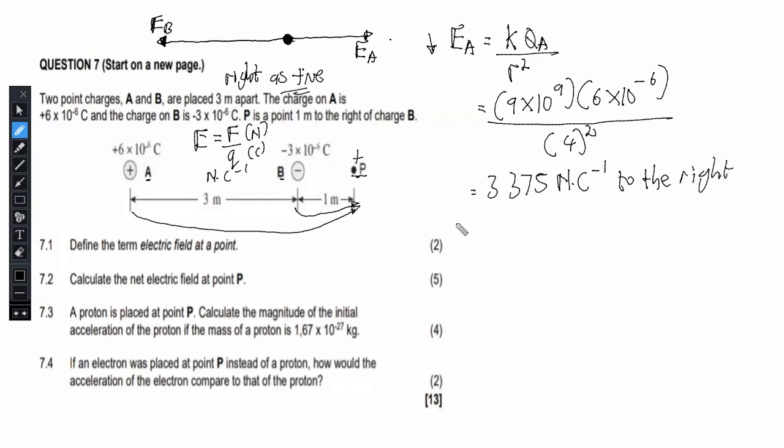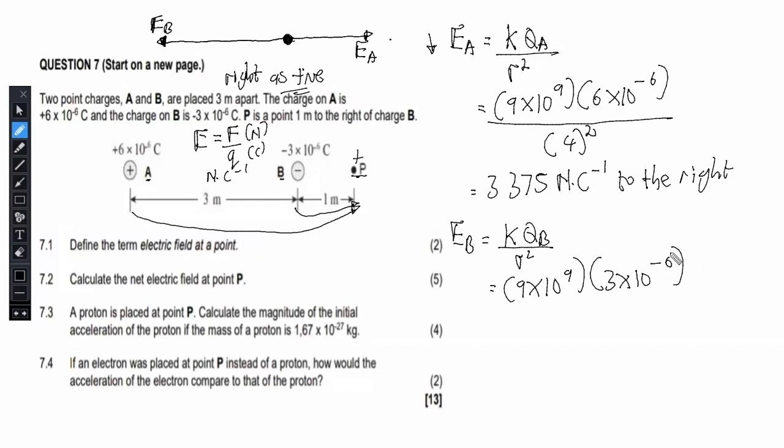Now done with EA, let's now calculate EB. So for EB, again, it's K, and then QB this time over R squared. The K, 9 times 10 to the exponent of 9, and then QB, remember in this formula, you do not substitute the negative here. You simply just substitute the magnitude of the charge, right?